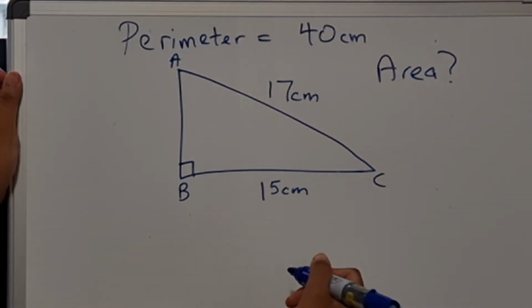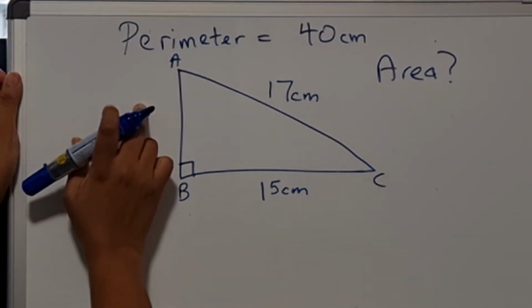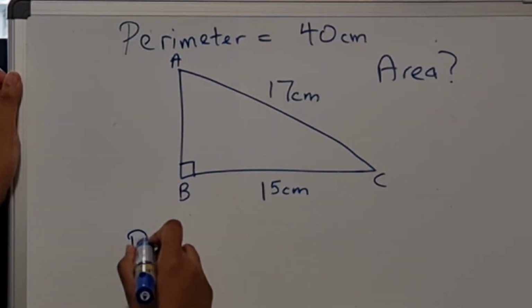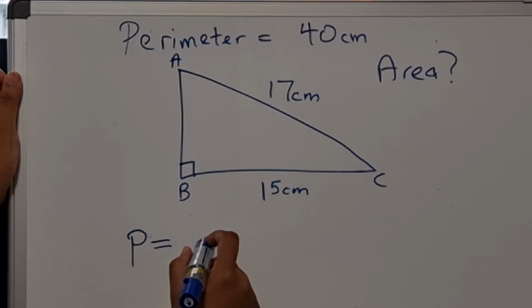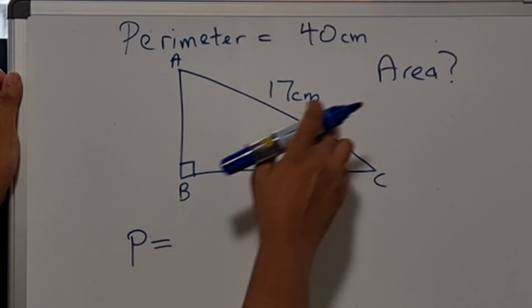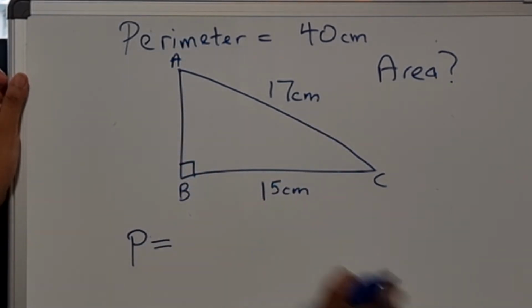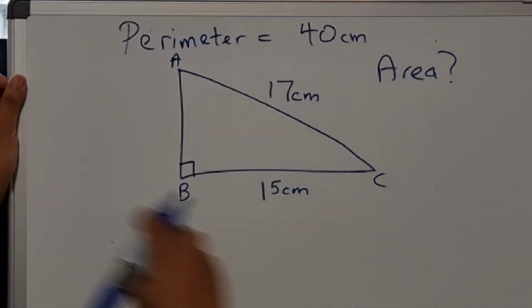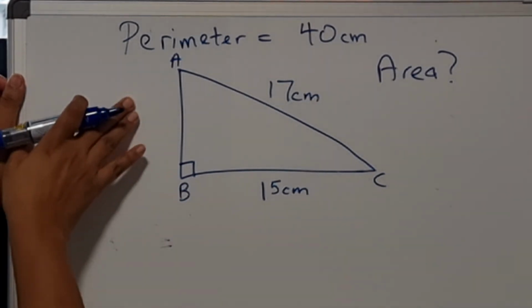For area, first you find what is this side. So perimeter means all the sides combined. So to find AB, you must take the whole perimeter minus away this to give you this.